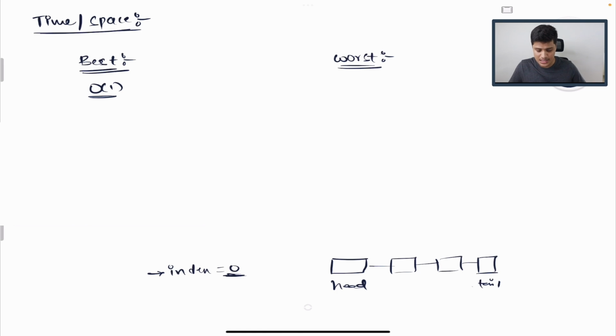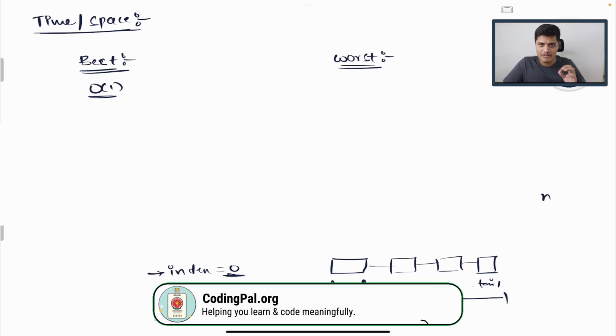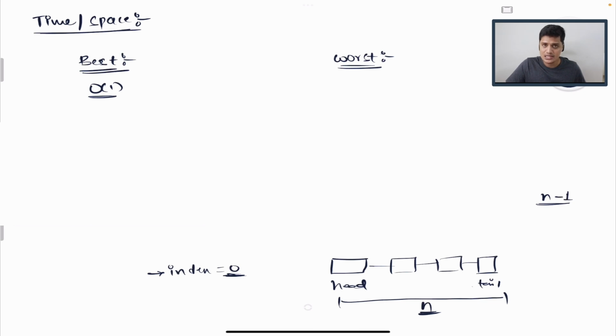Now, when will the worst case scenario appear? Let's assume that the singly linked list on which we are trying to perform the get operation has n number of nodes. So the worst case scenario will appear when we are trying to read the value that is available at the very last index. That is, the index that the user passed is equal to length of the linked list minus 1. In that case, we will have to start traversing at the head node, and one by one, using the next references, we have to reach the very last node.